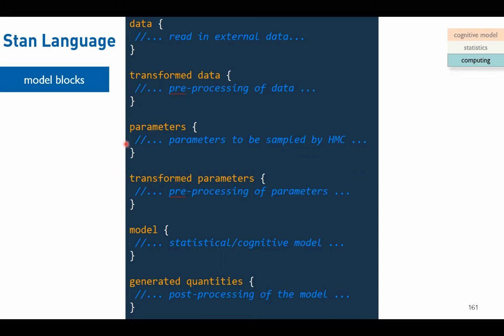Here we define what we don't know yet, but we are interested in. In this case, we have a learning rate. The learning rate is unknown, but we want to know the posterior of the learning rate given the data that we collected. So in the parameters block, we declare how we call the learning rate.